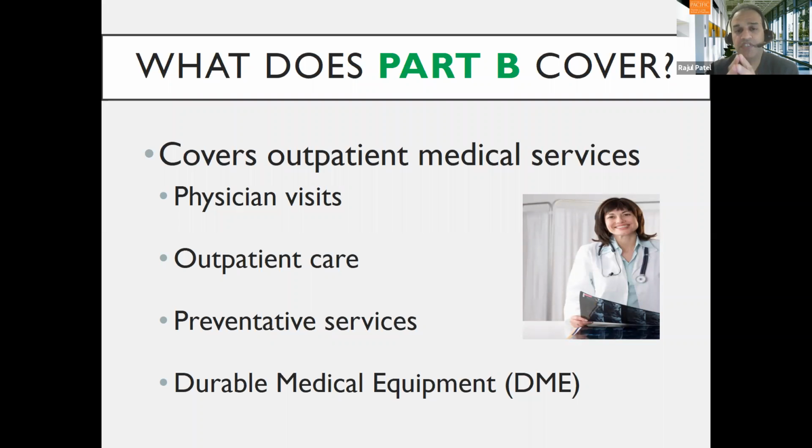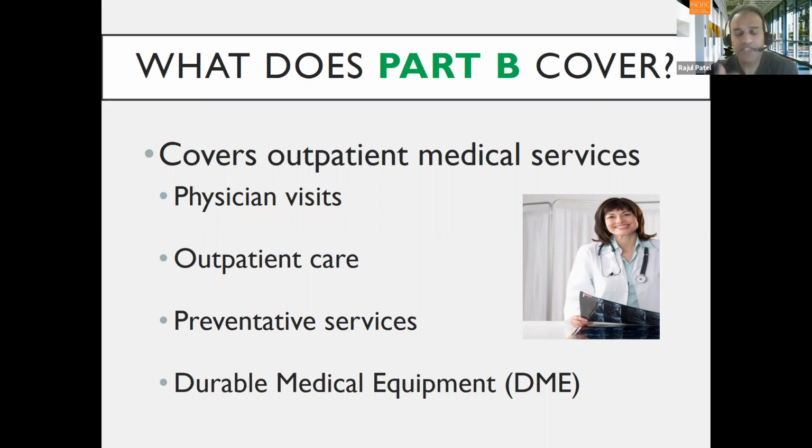Medicare Part B covers dozens and dozens of preventative services, most of which are covered at absolutely no cost to the patient. So 100% of the cost of preventative services are typically covered by Medicare Part B. And then durable medical equipment. If you're like me and you like to watch TV late at night, sometimes you see those infomercials for the Hoveround or different types of motorized vehicles that people who have Medicare can actually use.